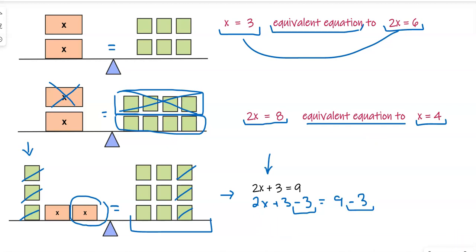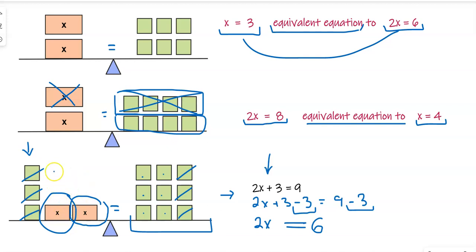Now we're going to simplify before we move forward. That is 2x, and then plus 3 minus 3 equals 0, equals 9 minus 3, which is 6. That's what we see on the picture now. We have 2 x's on the left side, and we have 6 units on the right side. We want to have only one x, which means we can divide by 2.